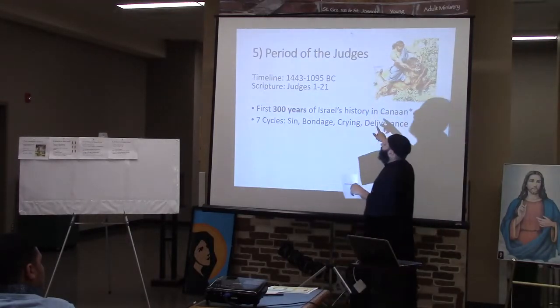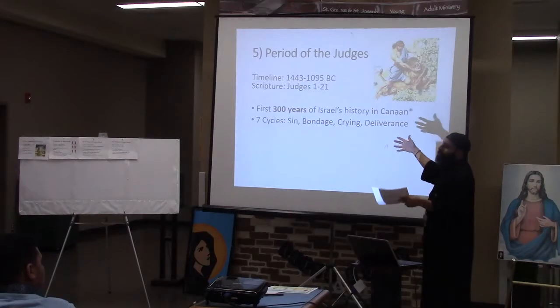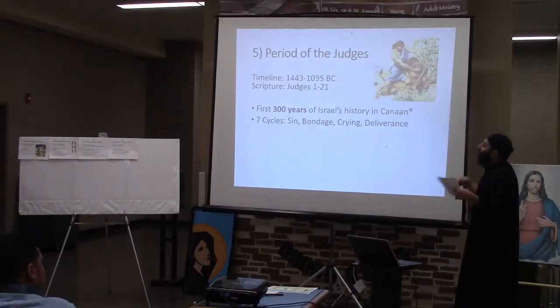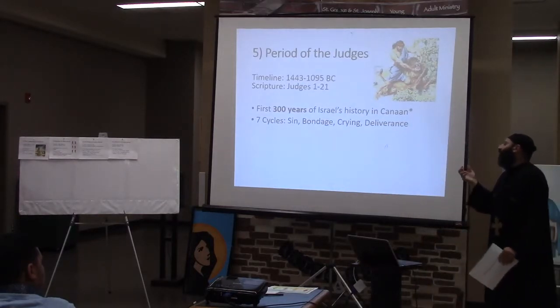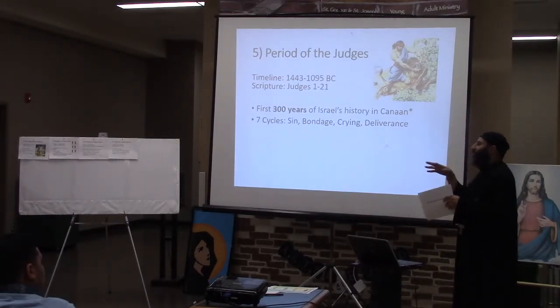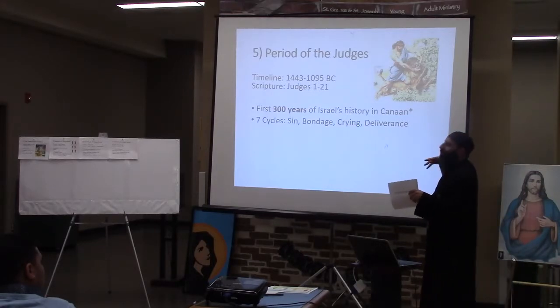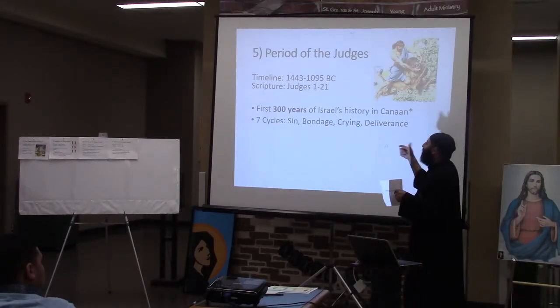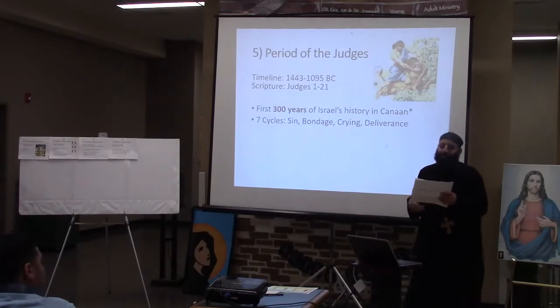First they're comfortable, luxury, what I said, and then they start to sin, they start to be very far from God, and then because of that, God sends them harassment from other nations, the people that they didn't destroy or other people that are around, and they start to be in bondage to these others.